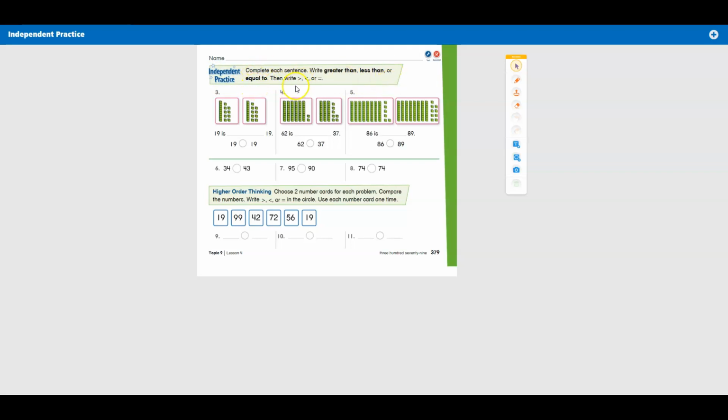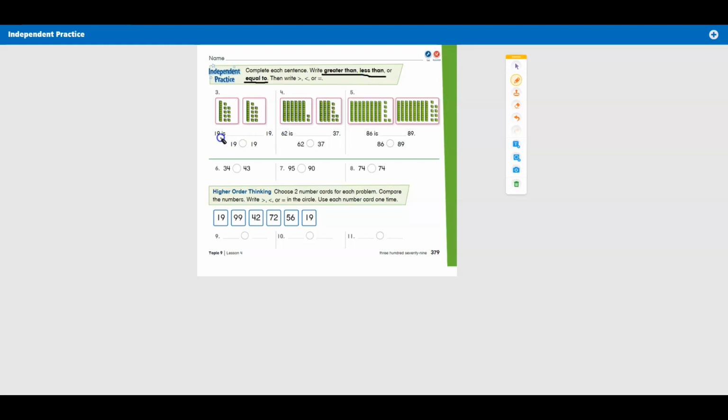Then write the symbols greater than, less than, or equal to. All of the spelling you would need is right up here. So if you're not sure how to spell greater than, less than, or equal to, it is at the top of our page in the bolded letters.